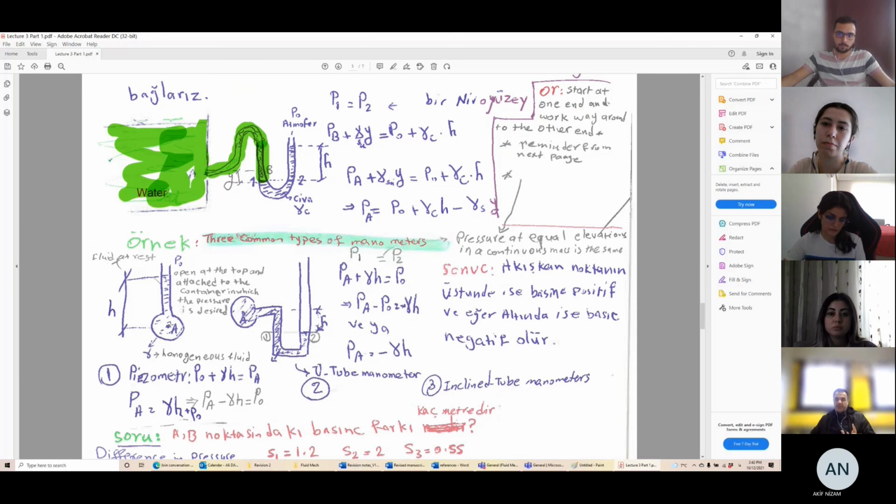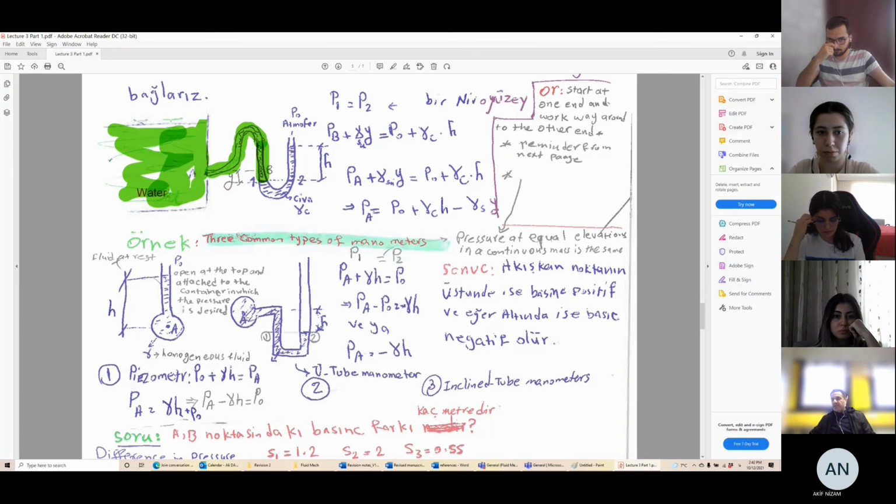If you have any liquid above this point, you can multiply H of that liquid by its gamma, which gives you the pressure at this point. And here we have only one liquid, which is called a homogeneous fluid.